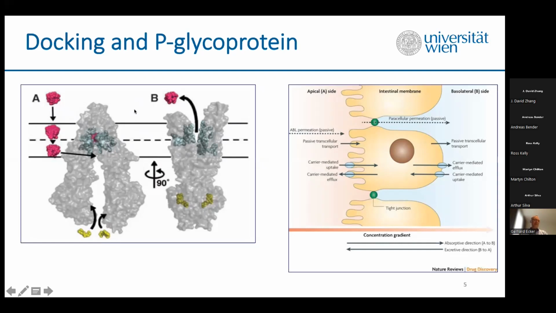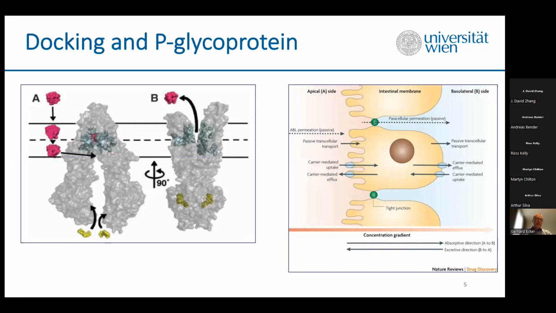In tumor therapy, this leads to multiple drug resistance, because normally we use quite toxic compounds to treat tumors. But P-glycoprotein is also expressed at the blood-brain barrier, where it protects our brain from compounds we wouldn't like to see in the brain.